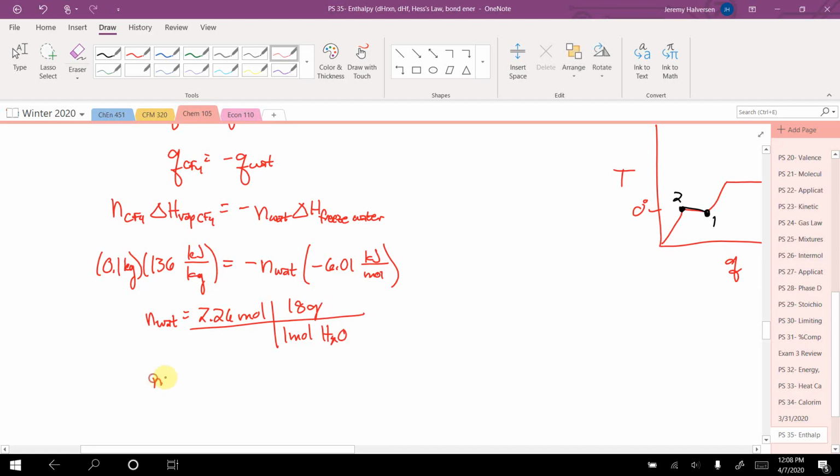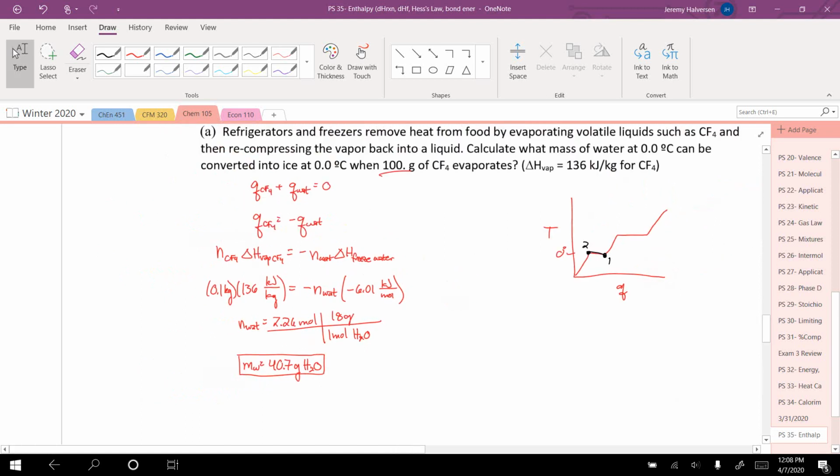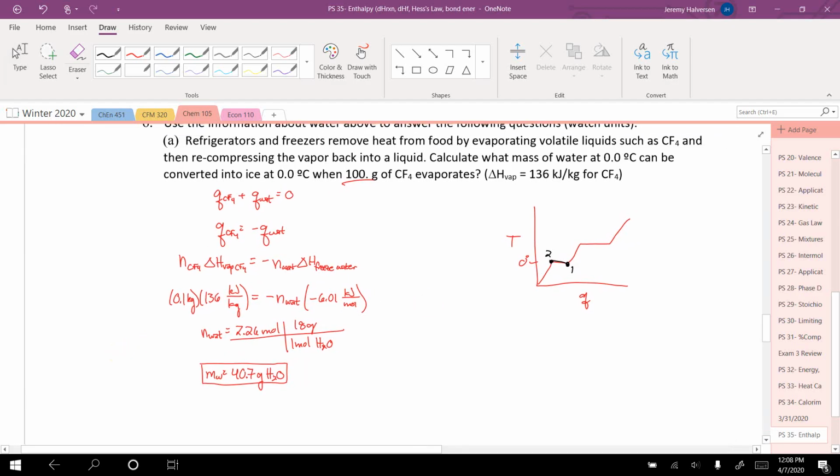I'm going to do that, and I get the mass of water equals 40.7 grams. So if I evaporate 100 grams of CF4, the heat that it absorbs is the same heat as it takes to freeze 40.7 grams of water.